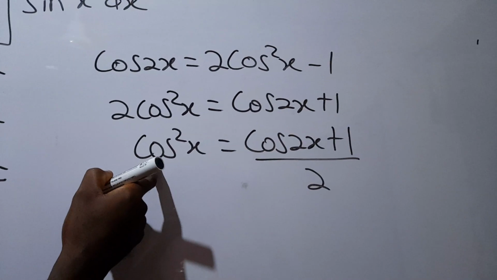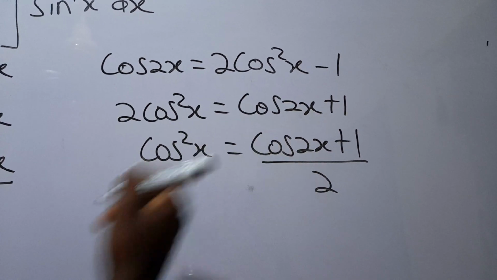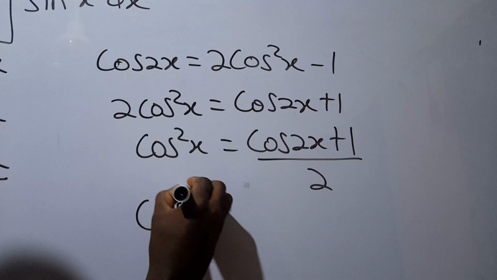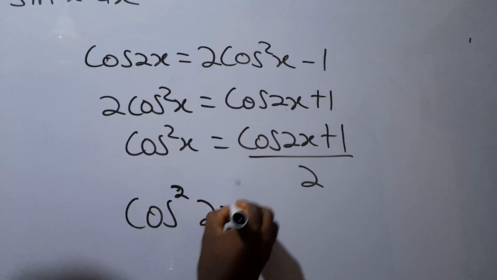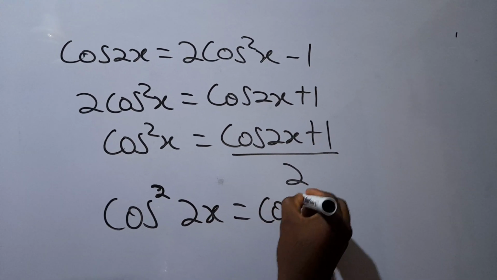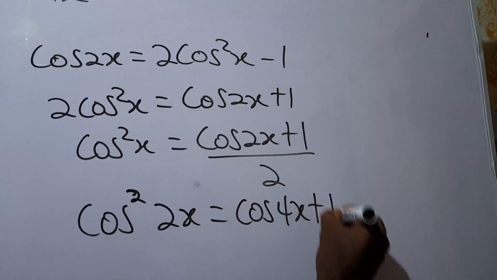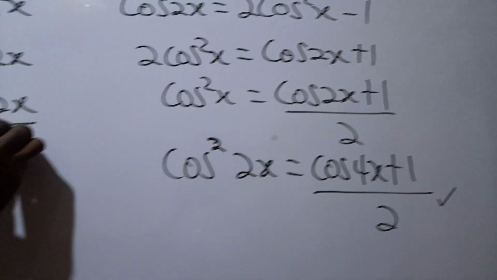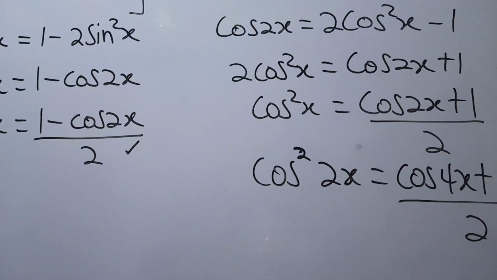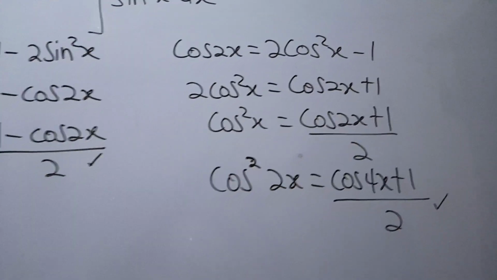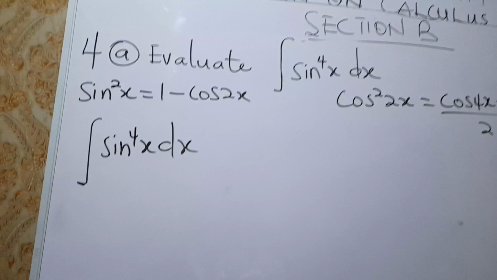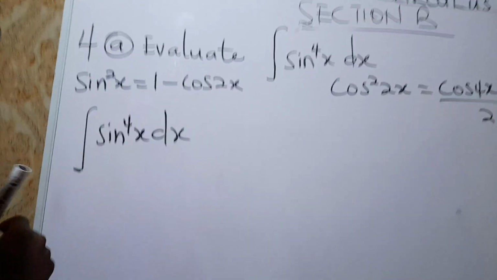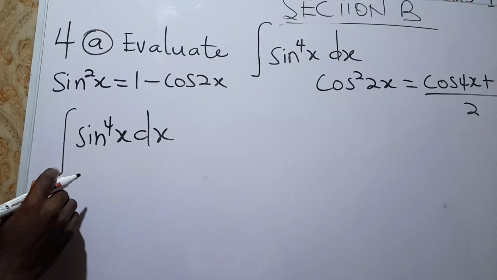Now, since cos square x is equal to cos 2x plus 1 all over 2, then we can say that cos square 2x will be equal to cos 4x plus 1 all over 2. So this and this will play a very important part in solving this question. So now, since we have gotten all the ingredients to make this question spicy, we can now solve it.